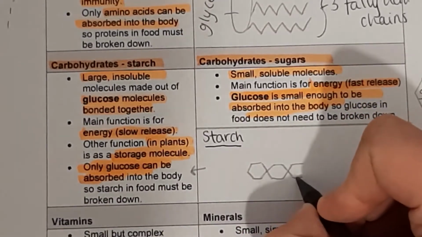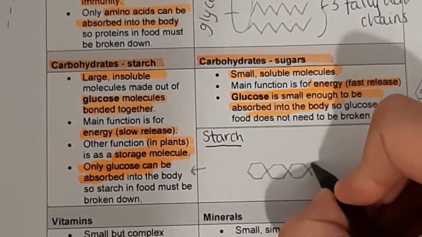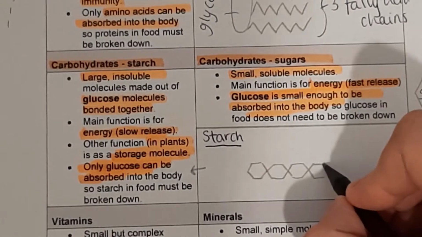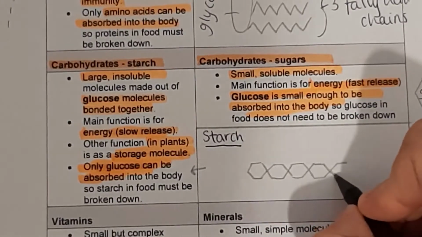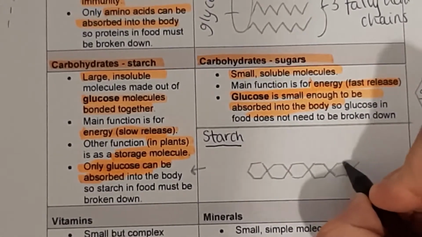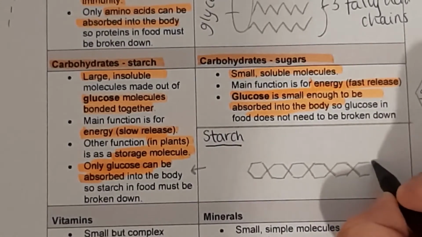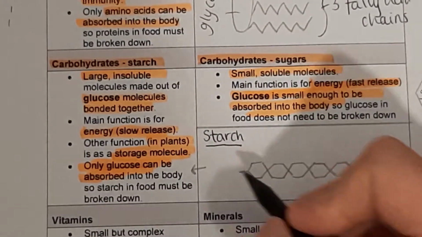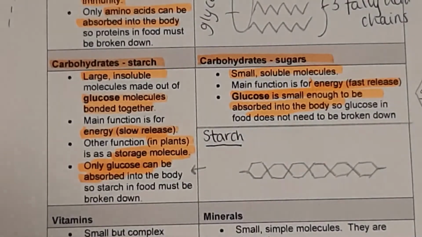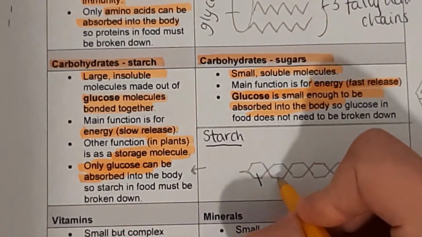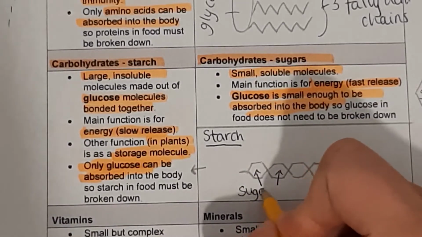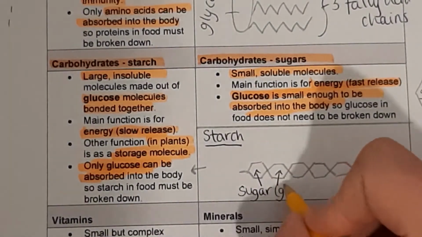Now it can be quite tricky to draw, so I tend to do a big cross like an X, and then join it together with 2 horizontal lines, and then another cross, and then 2 more horizontal lines, like so, until we get to the end of our chain when we stop. And here we have our starch molecule. Each of these is an individual sugar molecule, or glucose.